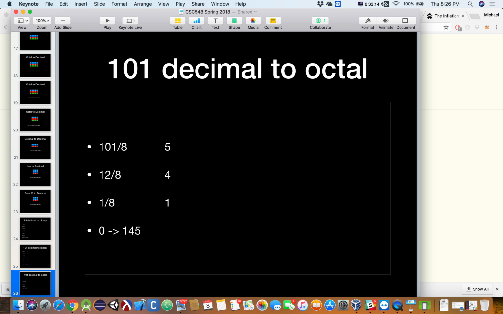So if you want to convert from octal to hexadecimal, there's no shortcut, right? We'll talk about the shortcut. Actually, there's not a shortcut for octal to hex. There's shortcuts for binary to octal and octal to binary and binary to hex and hex to binary. And we'll look at those.